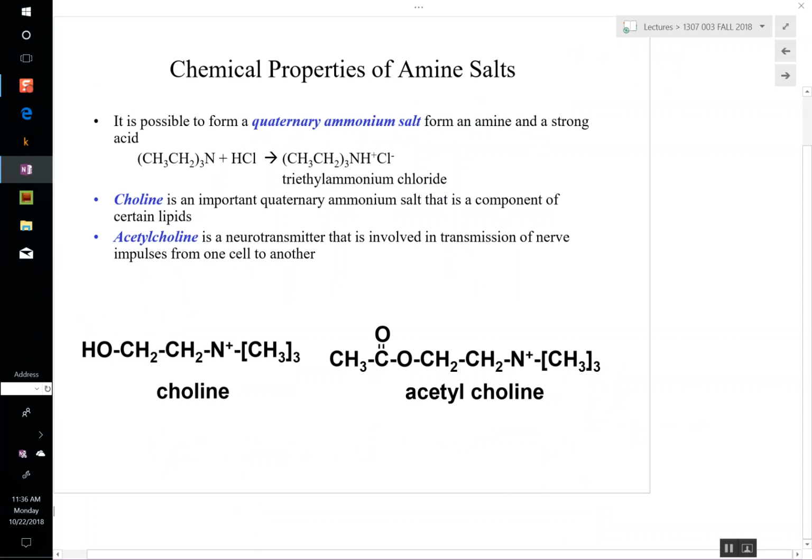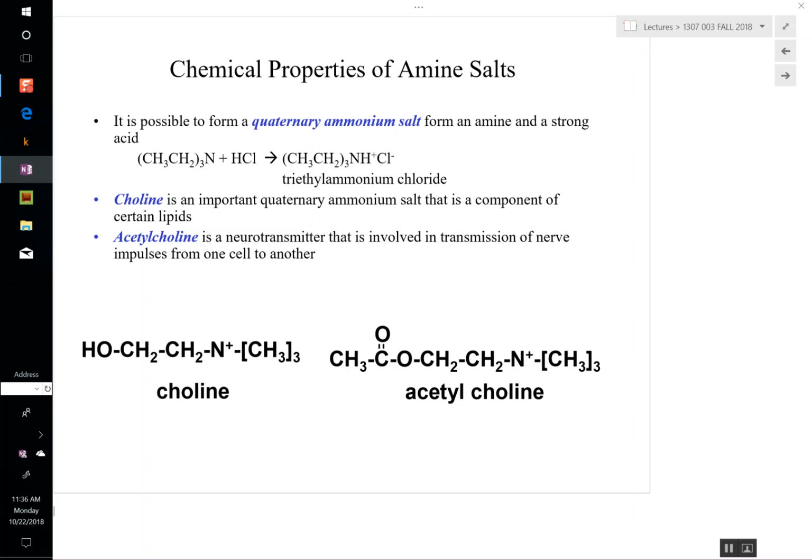Okay, chemical properties. All right, so here's choline. So you see you got 3 methyls here. 1, 2, 3. And you have this group, a 4th carbon on it, so that's a quat salt.